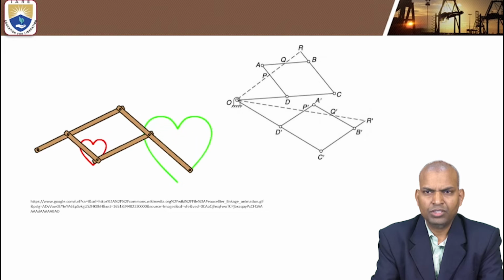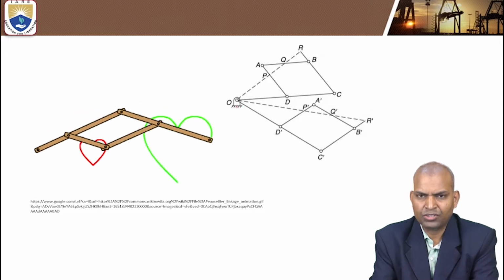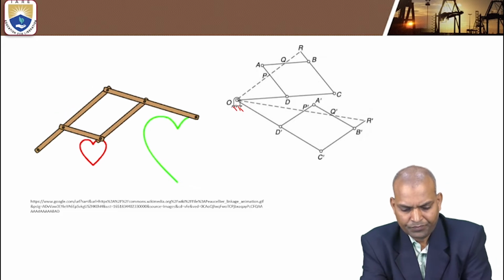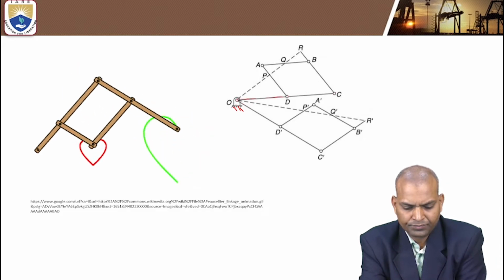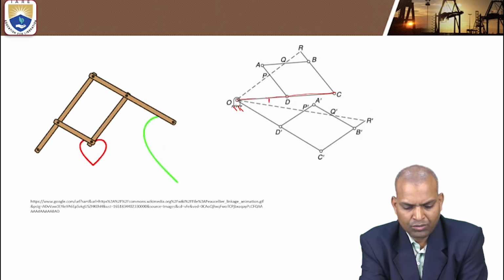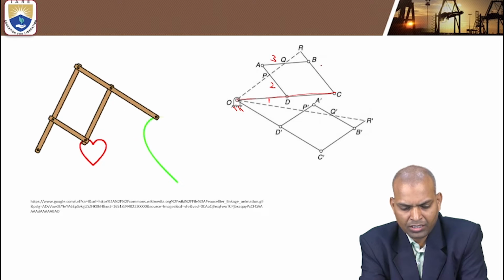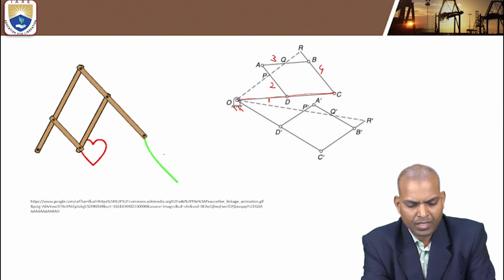Now, this pantograph consists of links, where O is the fixed link, and OC is one of the links. OC is link 1, this is link 2, this is link 3, and this is link 4. That's why it is known as a 4-bar linkage.